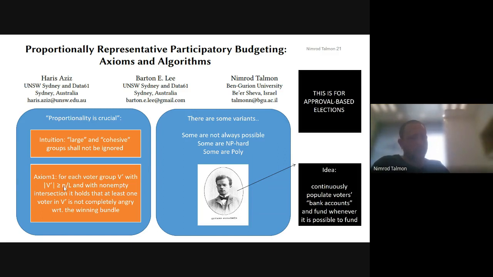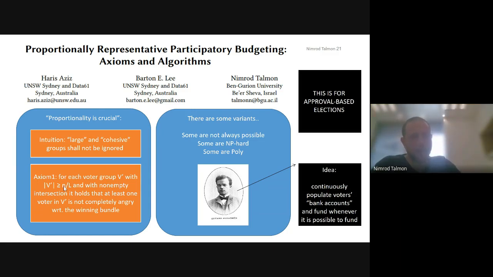So this axiom is, in one sense, very strong, because it considers any kind of minority that has a non-empty intersection, so at least one project that all of them want. And it means that each of these minorities cannot be fully ignored by the algorithm.